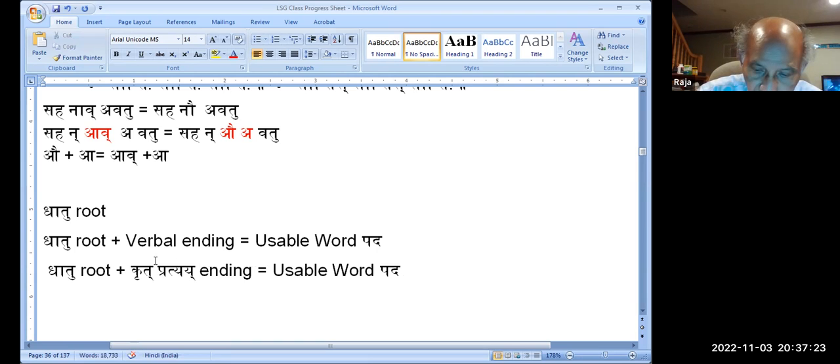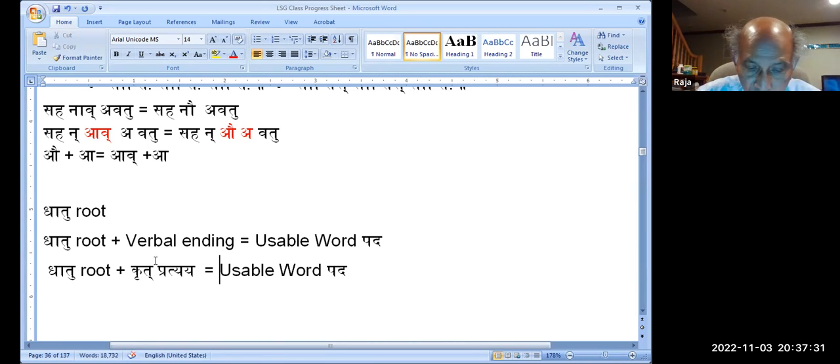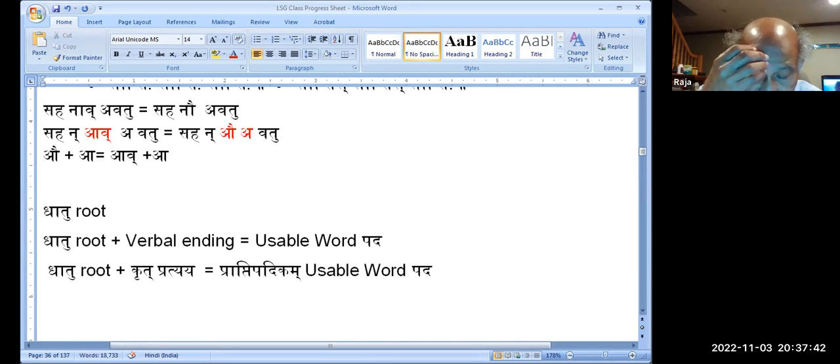If you do that, you don't get a raw form of a noun, an adjective or a pronoun. You get a pratipadika. Remember that picture on page 51? This is not a usable word.